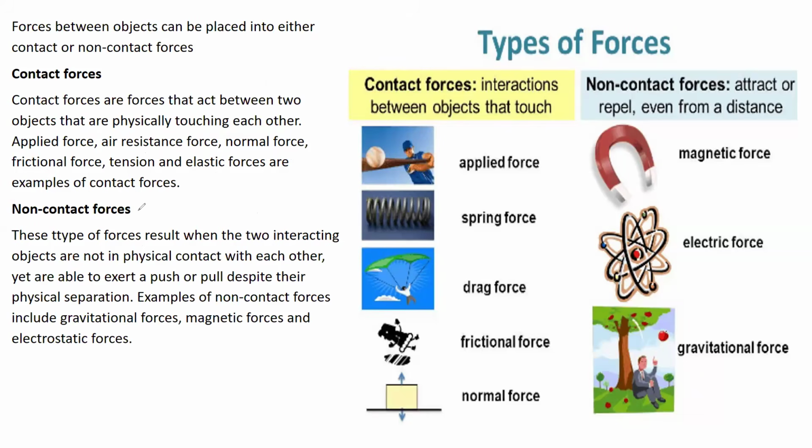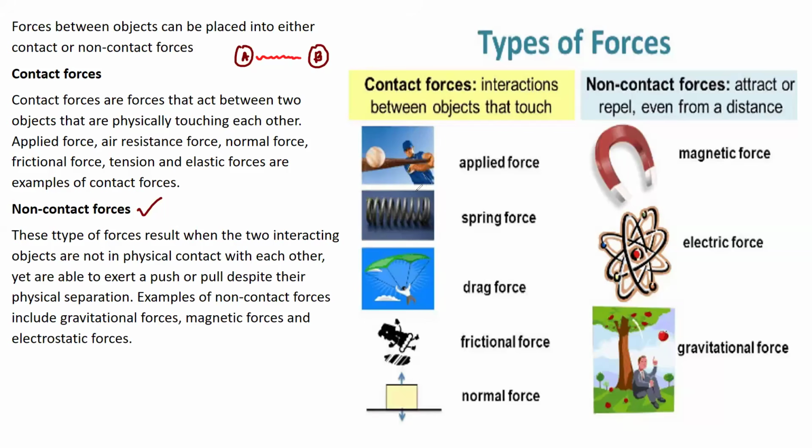On the flip side, non-contact forces exist when there is object A and there is object B, but they are at a certain distance away from each other. They are not physically in contact.